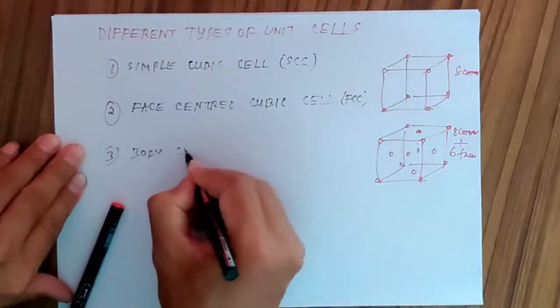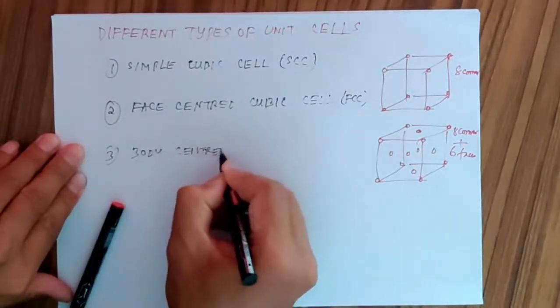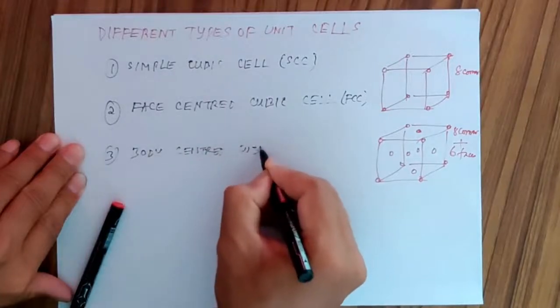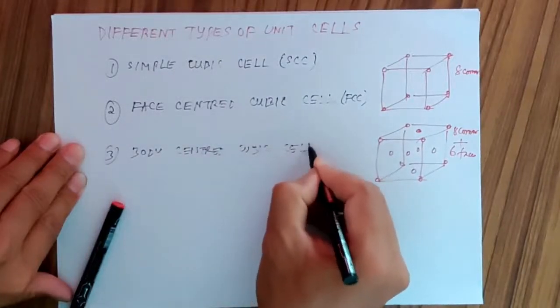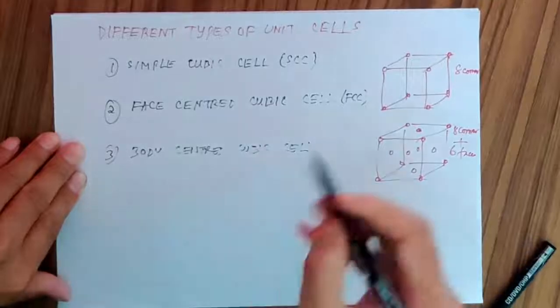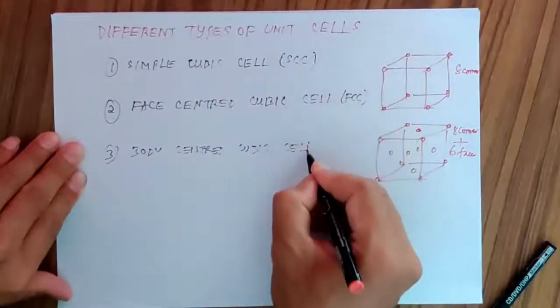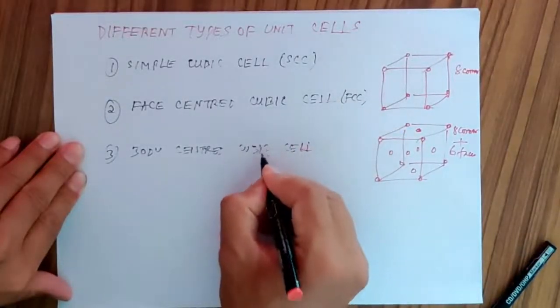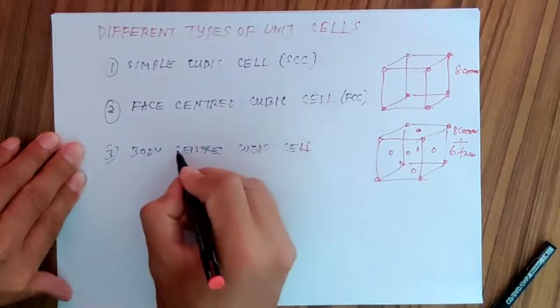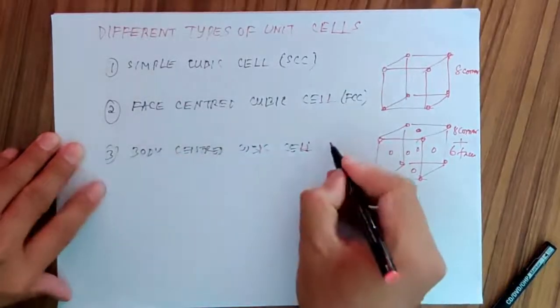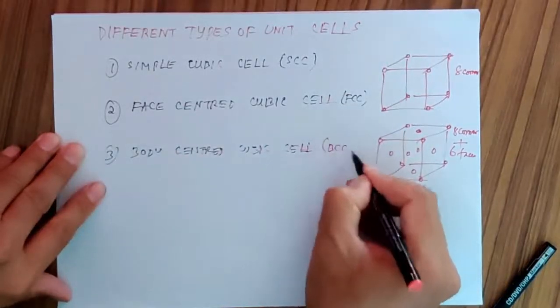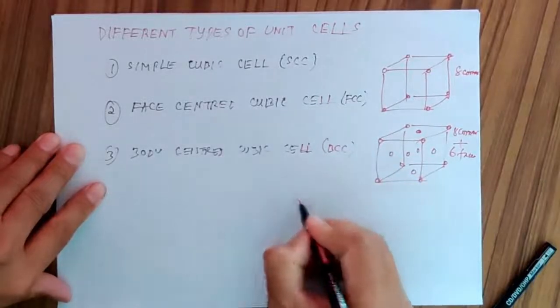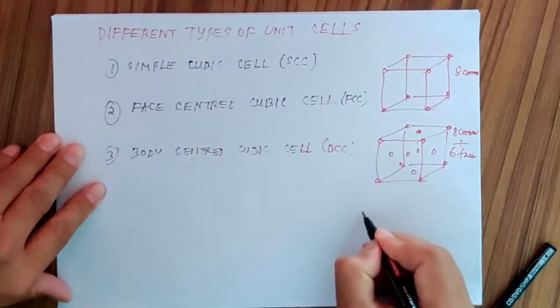Athumna, body centered cubic cell, BCC structure.